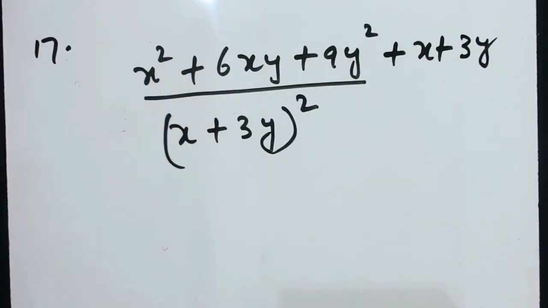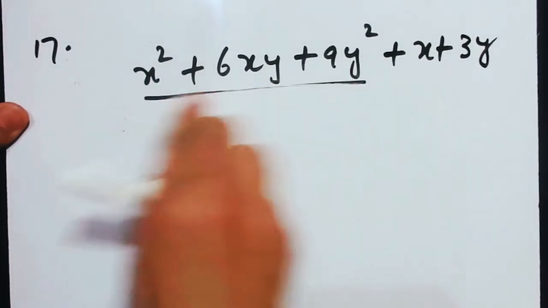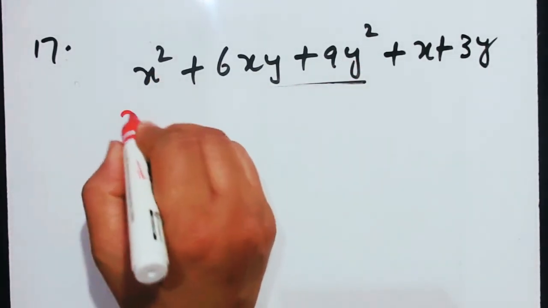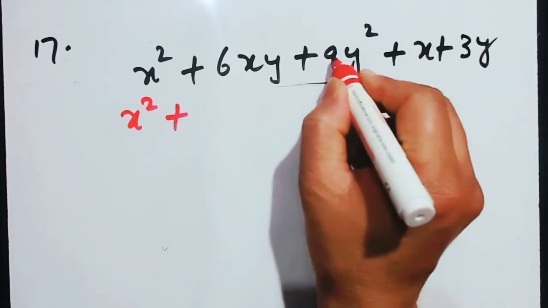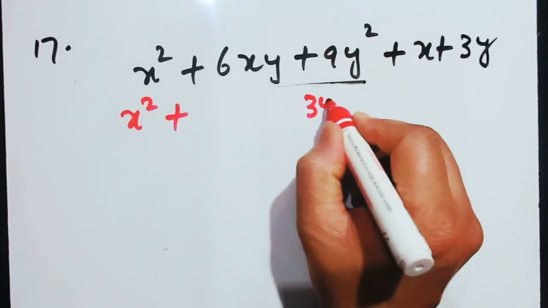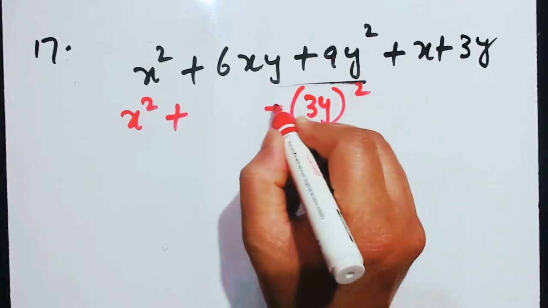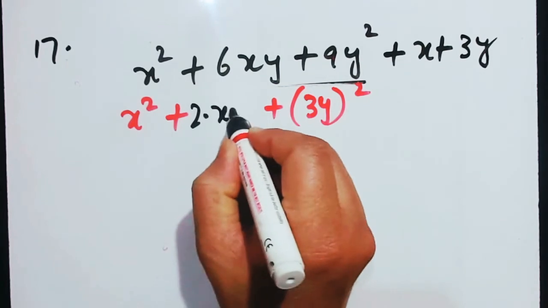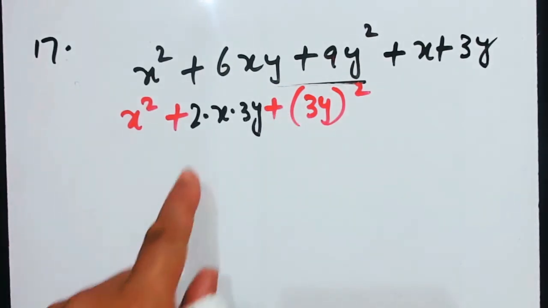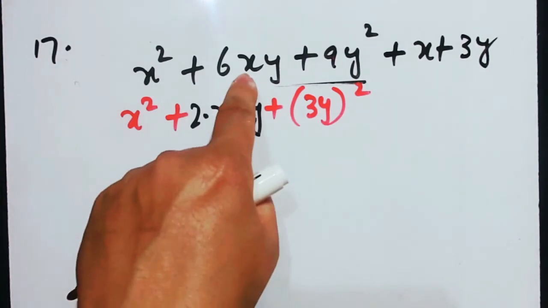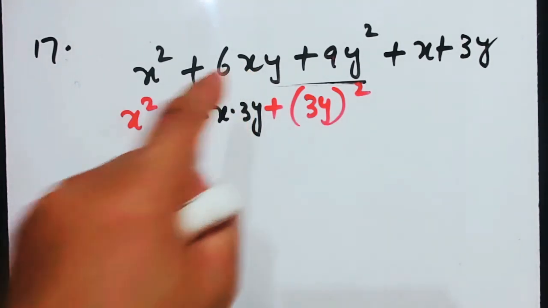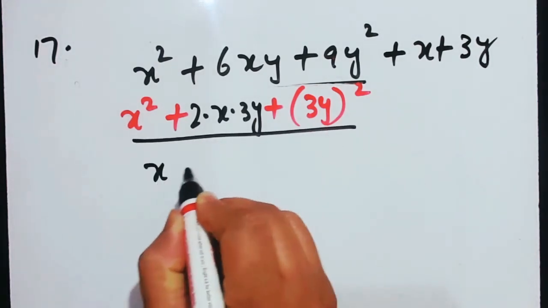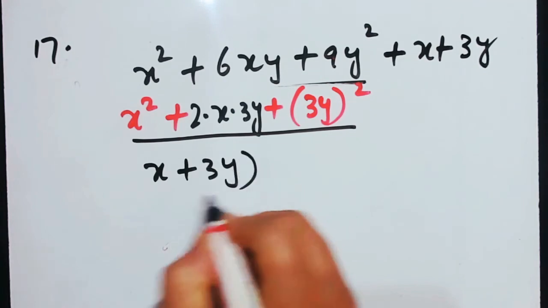Instead of writing it directly, why not see whether it fits in the formula or not. So here x square plus 9y square will become 3y whole square, and over here it should be 2 times x into 3y. So 2 times x into 3y is equal to your 6xy. Since both of them are same, therefore this can be written as x plus 3y whole square.